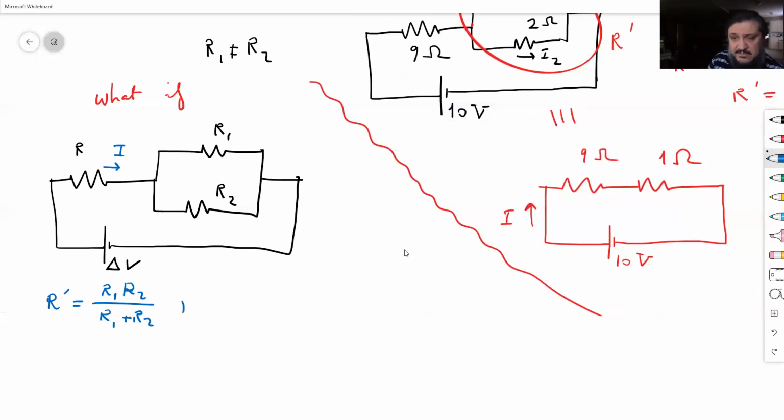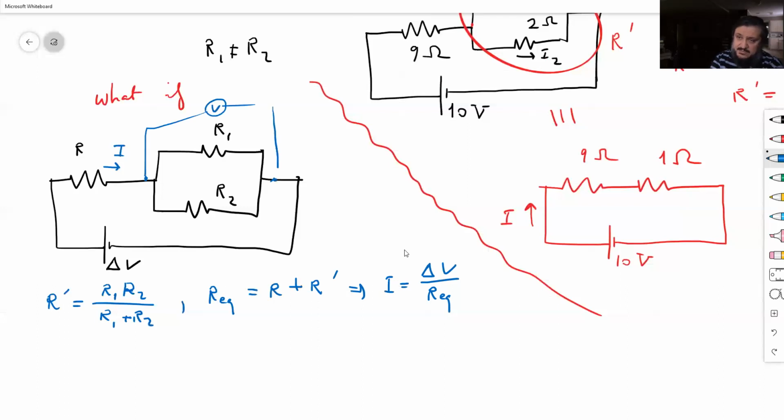Therefore, the equivalent resistance would be R plus that, and then find I by dividing the potential by that number, everything the same. But to find the current through each resistor, I would need the potential drop from left to right here. So I would need this potential difference.